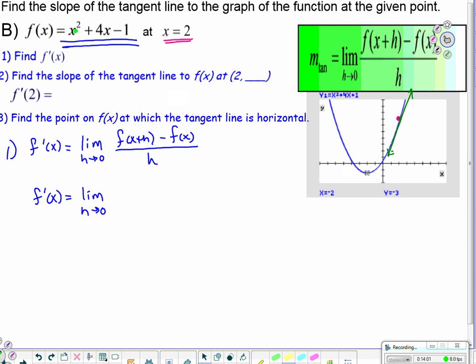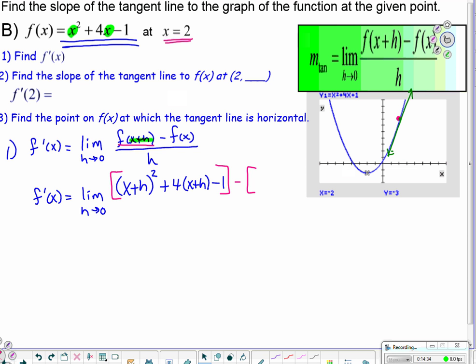So I need to substitute for x there and there, right? What do I substitute with? X plus h. So I need x plus h quantity squared plus 4 times x plus h minus 1. This was all coming from the evaluation of f evaluated at x plus h.